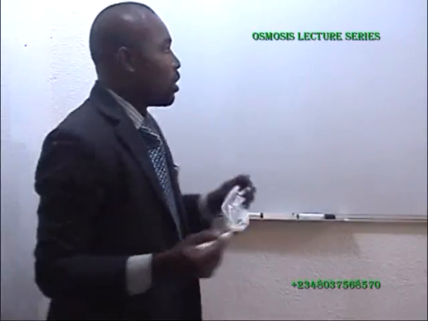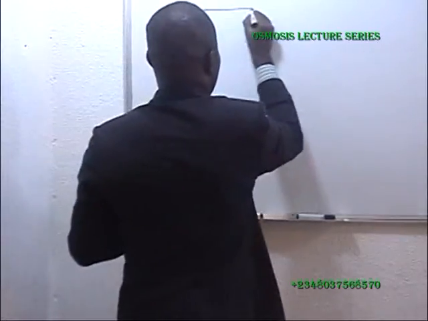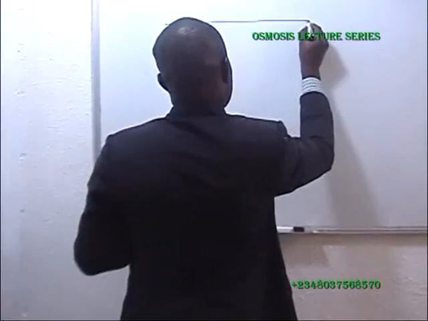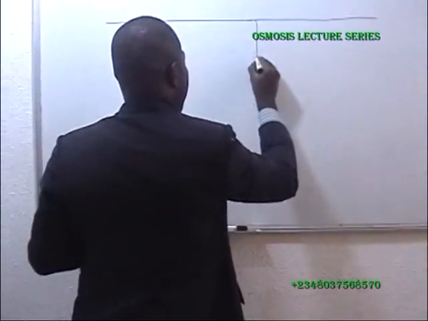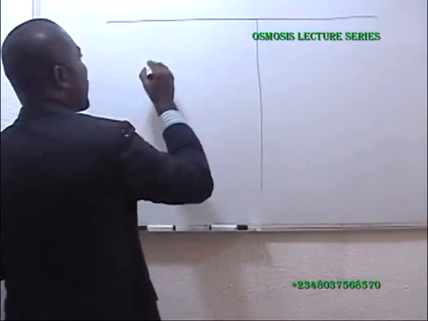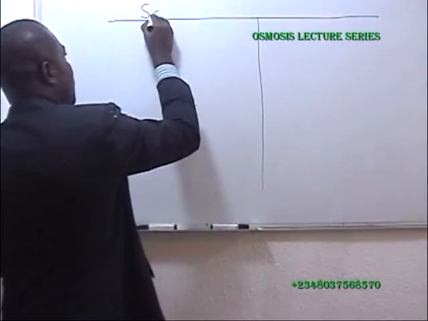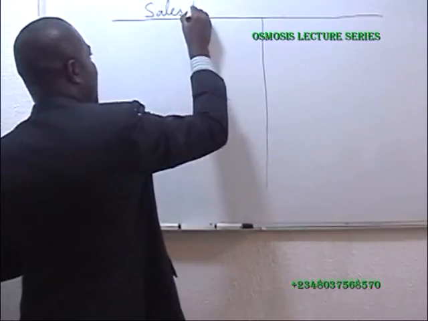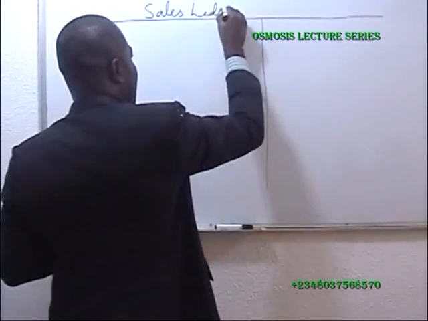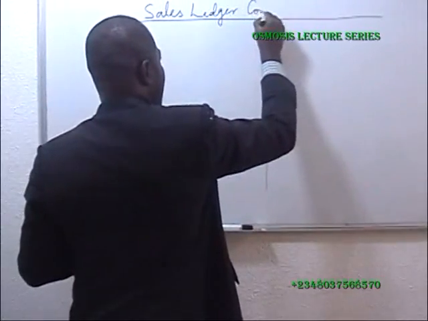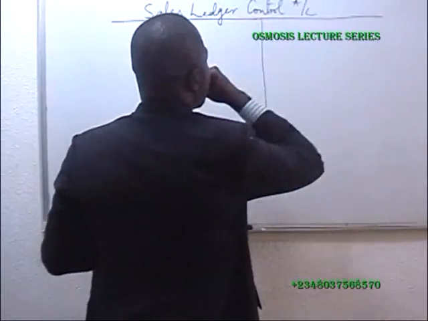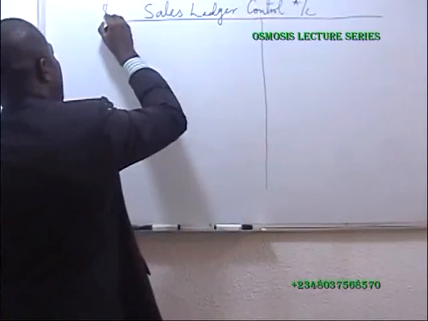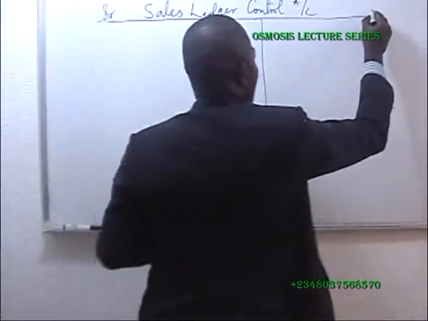Let us use the T account to illustrate. Sales ledger control account. Remember, this is the debit side, this is the credit side.